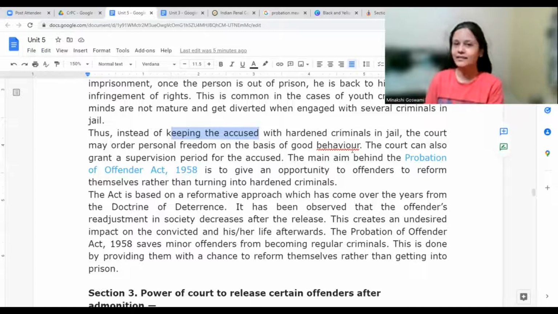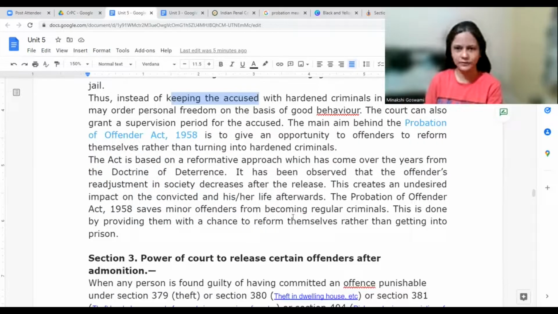Also, when a person remains in prison for months and years, it becomes very difficult for him to go back to society and adjust, right? So why can't we probate the offender? That is what this entire legislation is all about. It is based on the reformative approach that we have as a theory of punishment. We want to reform the criminal.